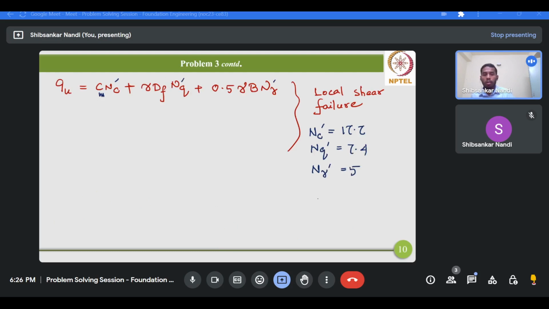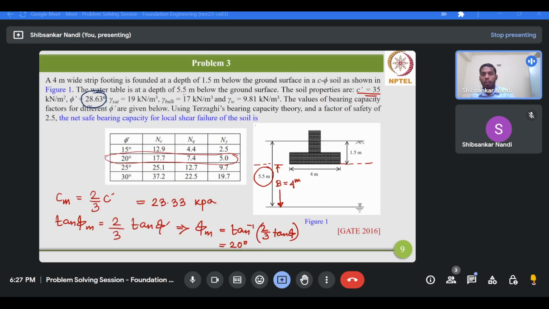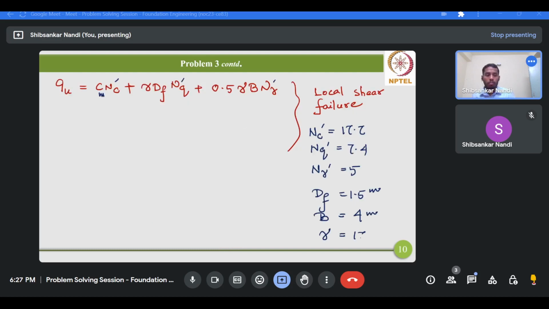And what is the value of gamma? First, Df is 1.5 meters, the width of the footing is 4 meters, and gamma means gamma bulk, because there is no water table within this depth, so that means 17 kN per cubic meter.